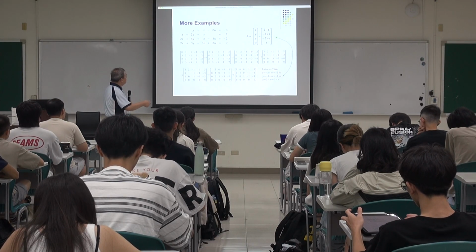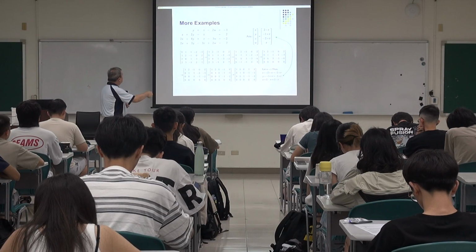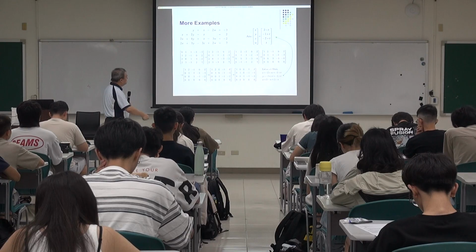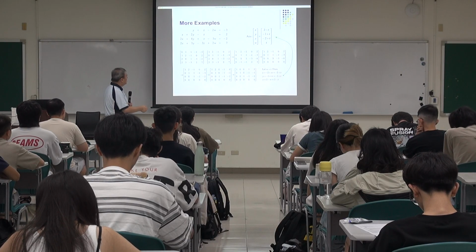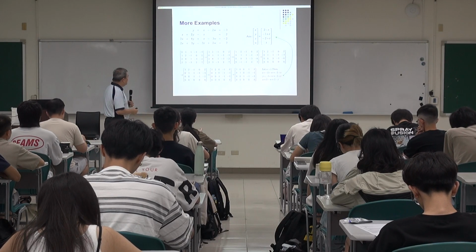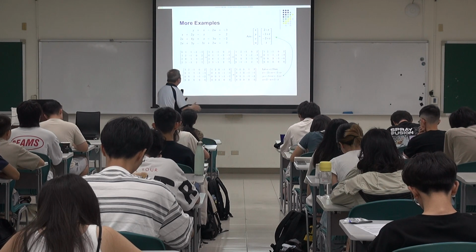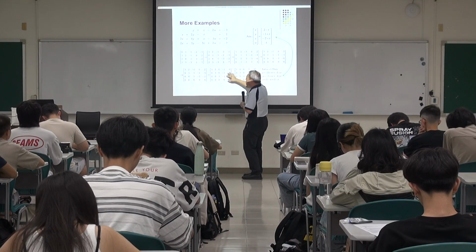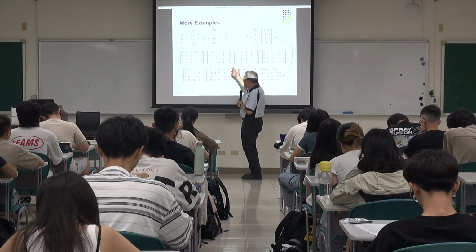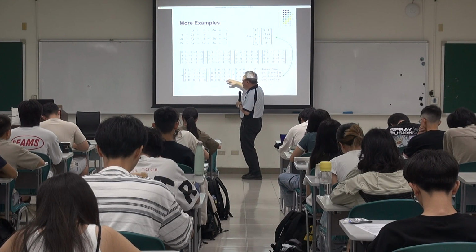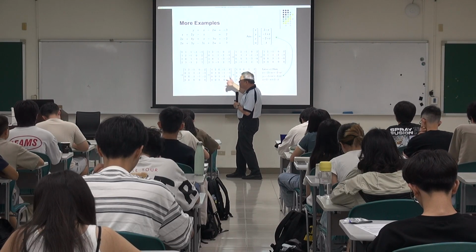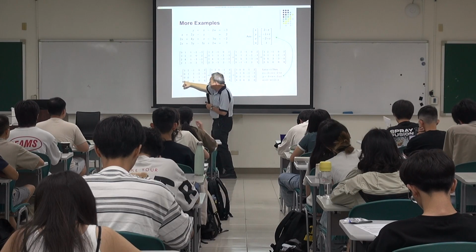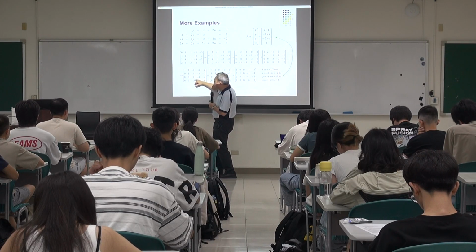And one more example. Okay, so from here, I think that I will leave this one to you to practice. Eventually, one thing interesting is that after you reduce this one to row echelon form, you will find that the lowest row is all 0.